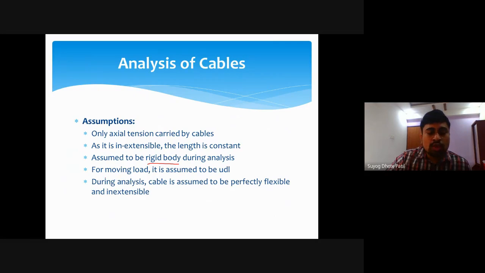For a moving load, it is considered as a UDL, a uniformly distributed load. During the analysis the cable is assumed to be perfectly flexible and inextensible. Don't confuse the terms rigid body and flexible body.